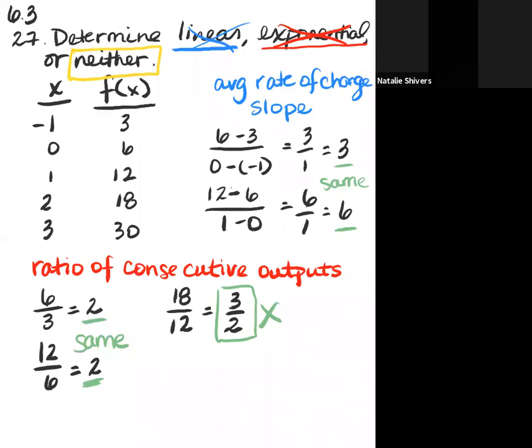Okay, so now you see how to do each one. So average rate of change would be linear. You have to get the same slope. Ratio of consecutive outputs: you're going to do each one over the last one, each one over the last one, each one over the last one. They all have to be the same for it to be exponential. Okay, so again, it's neither.